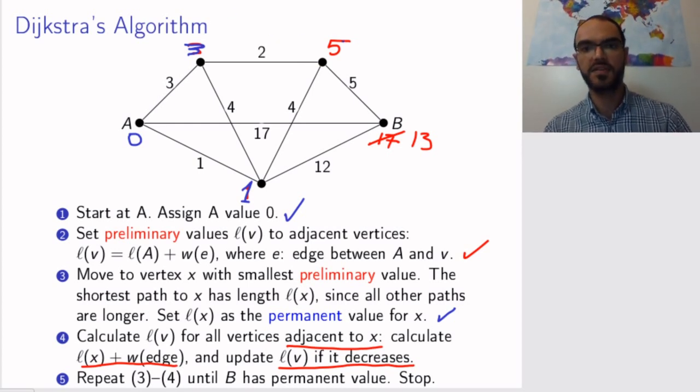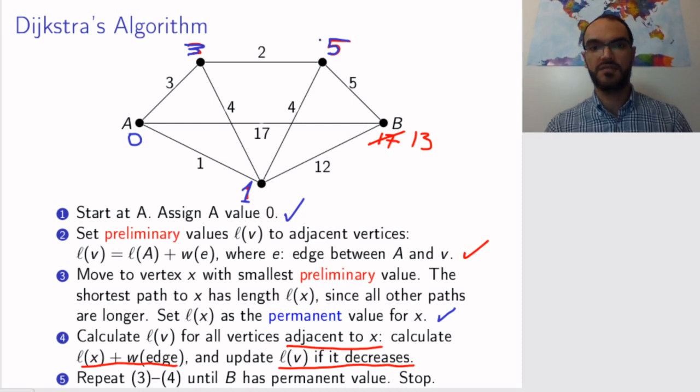I go to the next vertex with the lowest red number, which is this one with value 5. By the same reasoning, I now know that 5 is the shortest path to this vertex, because any other path would have to go through some vertex with a higher number, or I've already excluded that path because I have checked the vertices with lower number.